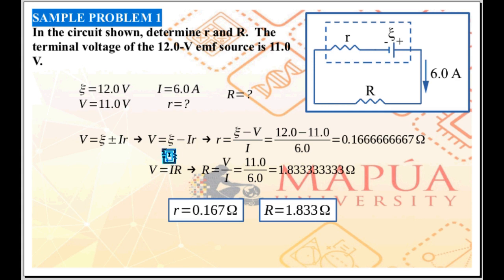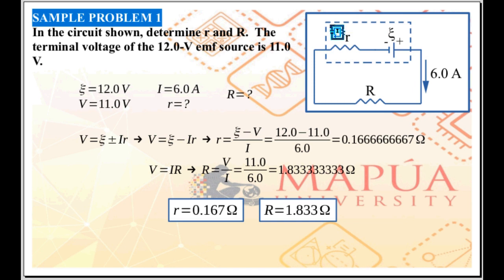So V is equal to EMF minus Ir. Isolating, r is equal to EMF minus V over I. We know EMF, we know V, and we know I. We are able to calculate the small resistance r, 0.167 ohms. So, small r is equal to 0.167 ohms.